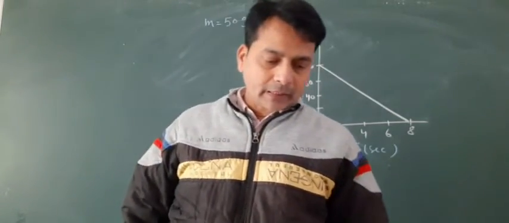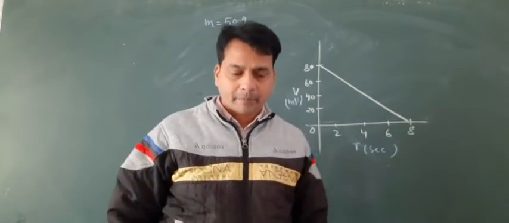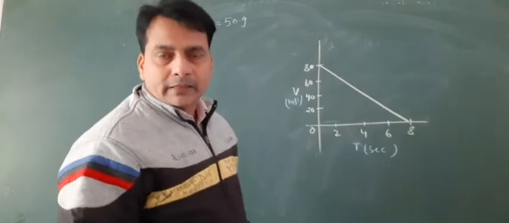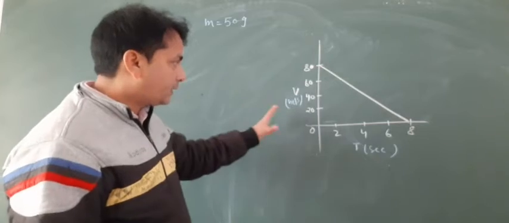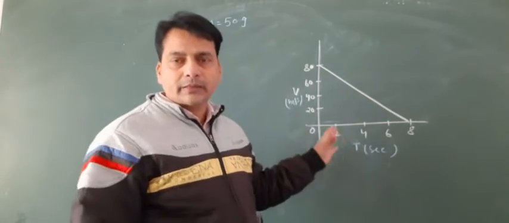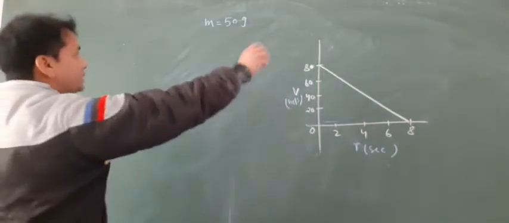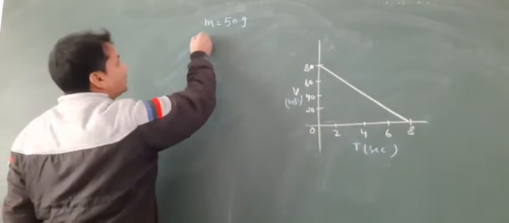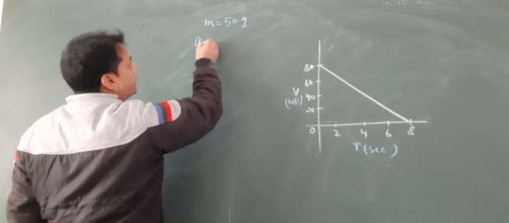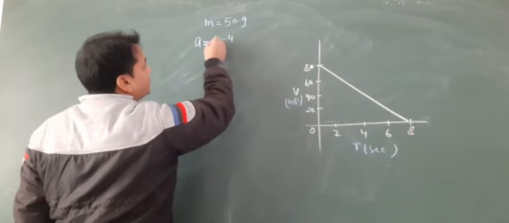Calculate the acceleration and the frictional force of the floor on the ball. Here is the acceleration in the velocity time graph. We know that acceleration is the rate of change in velocity. According to the formula, A equal to change in velocity by time taken, that is (v minus u) by t.